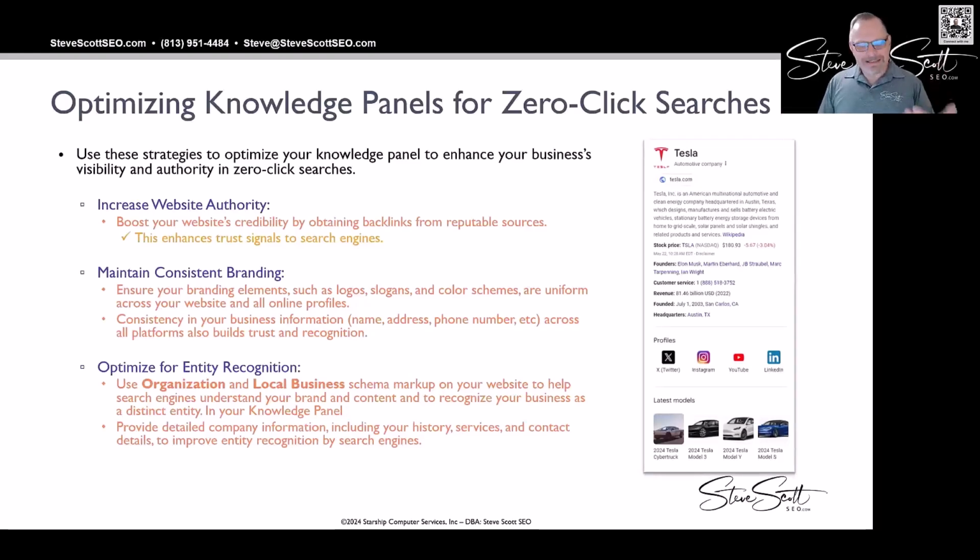So provide detailed company information, maybe include your history, your background, services you provide, your contact details. All of that will improve your entity recognition by the search engines, make them feel more trustworthy about what they're putting in here. You can even see things like founded by, revenue. All this stuff is very valuable for a user who happens to run across it to see what you do, when you do it, how long you've been doing it, and so on.